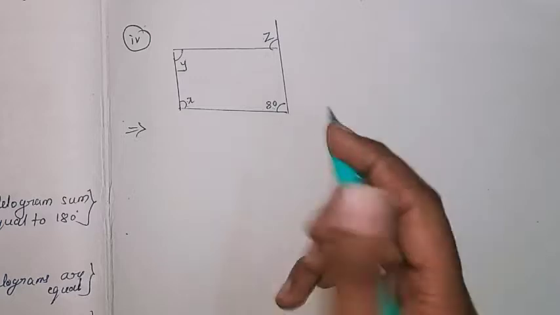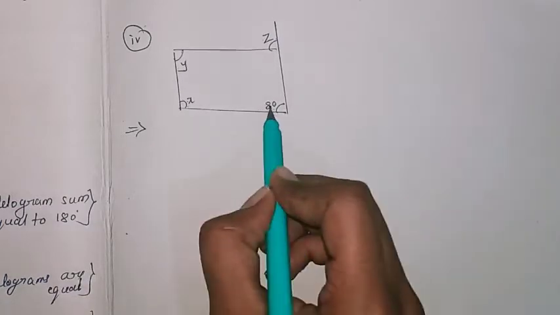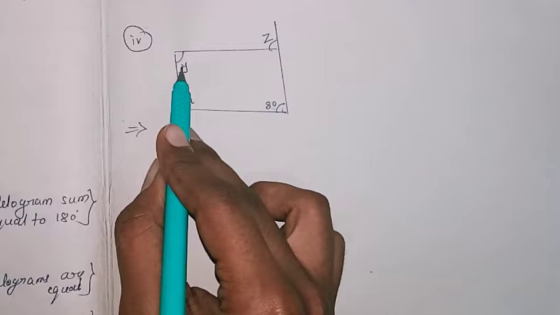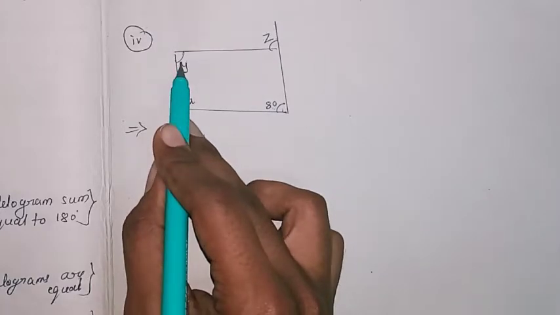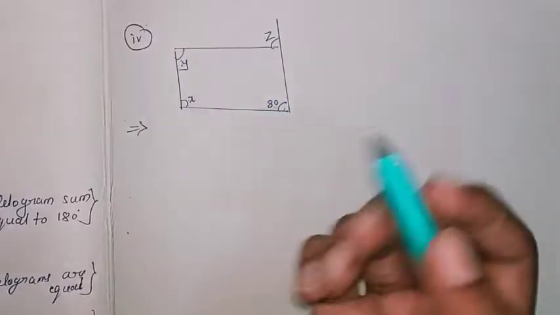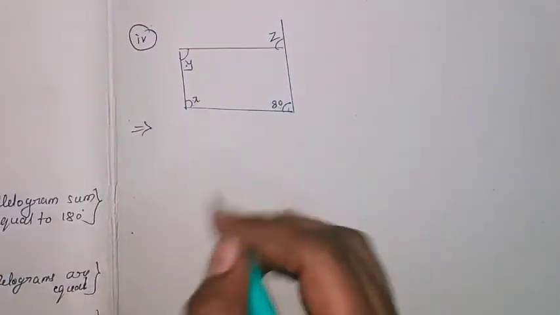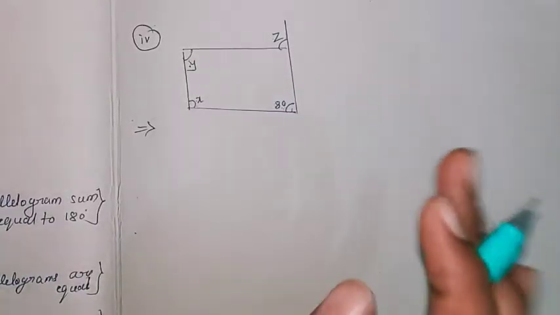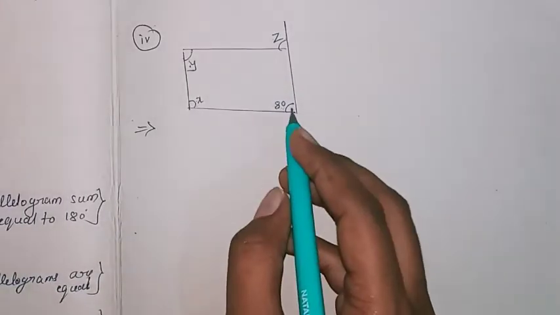From that you can also write that if this one is 80 degrees, then this y is also 80 degrees. Why is it 80 degrees? Because opposite angles are equal. You can follow any method and write, but it must be proper, and you have to give a reason for every sentence.